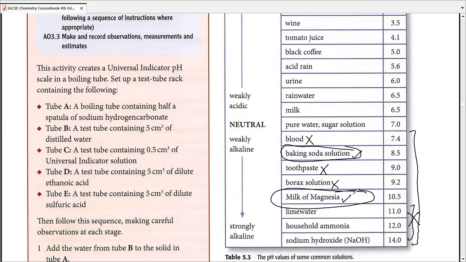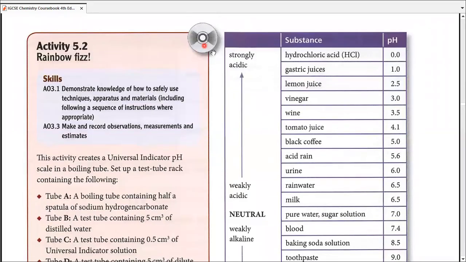Remember, if we have excess acid problems in our body, we can treat them with an alkali. If we have excessive alkali problems, meaning our body is not producing enough acids, we can always have some acidic stuff from here all the way to here that can help us with those effects. So take a look, we need something lower than 7.